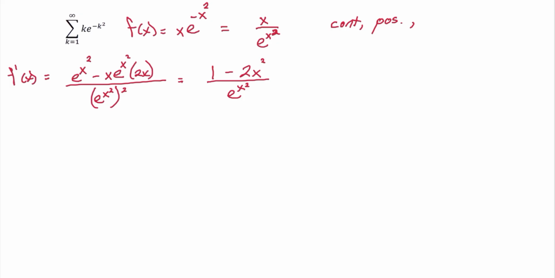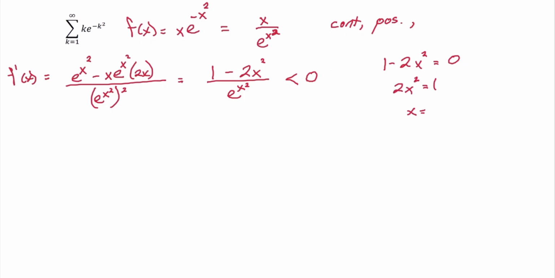And again, if our first derivative is negative, then we can say that the original f is decreasing. So let's figure out where it is negative. Let's set the numerator equal to 0 and figure out where that's happening. Let's see, we get 2x squared equals 1.